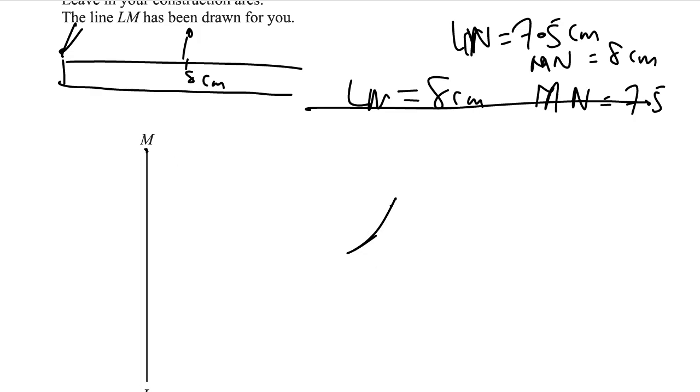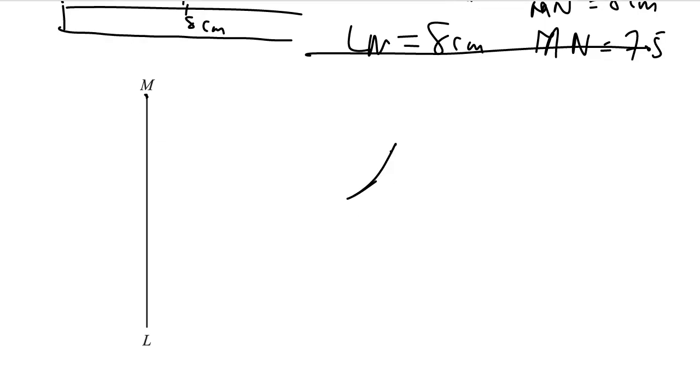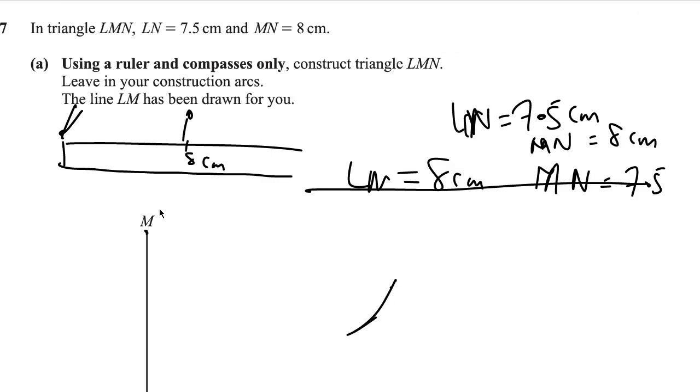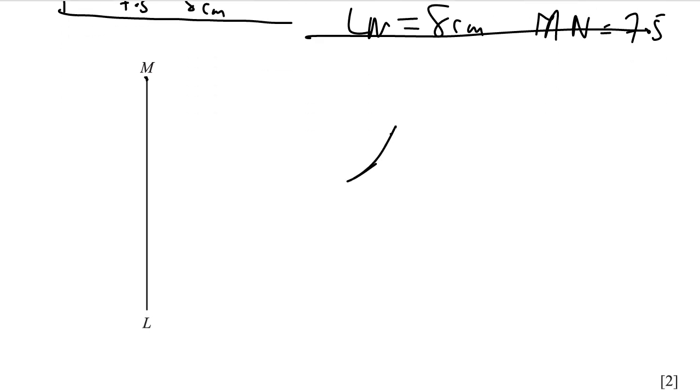Then you move to L. Remember the question says LN is equal to 7.5. So what you do next is you adjust the distance between the two parts of the compass, reducing it to 7.5. You place the tip here, over here, and make an arc.